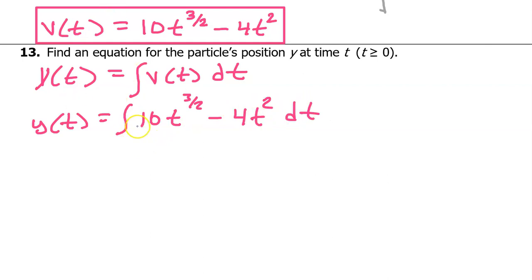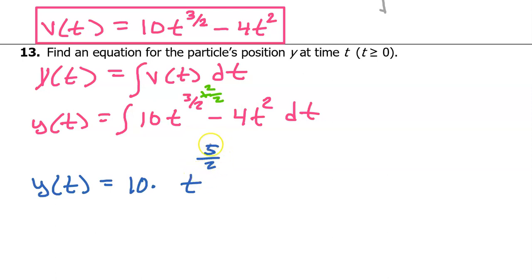We can calculate this integral term by term using the power rule of integration. So, there's my 10. I'm going to have t to the, I'm adding 1, so I'm adding 2 over 2. So this will be 5/2. So I have t to the 5/2 power.